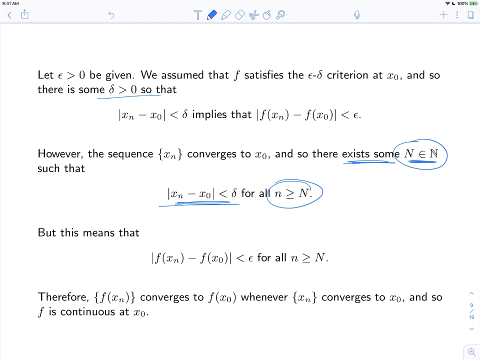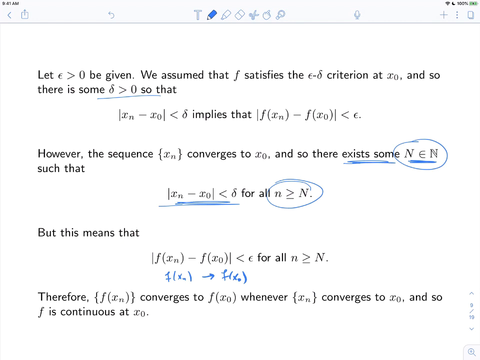So the distance between their outputs is less than epsilon for all n greater than or equal to N. But that's precisely what it means to say that the sequence f at xn converges to f at x0. This is true for any sequence which converges to x0, and so f is continuous at x0.